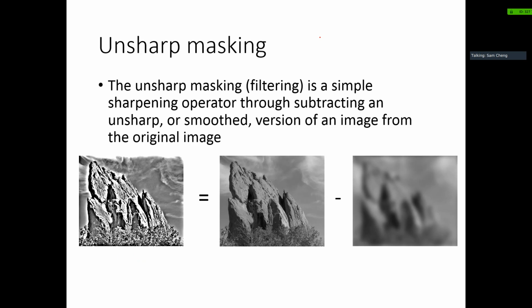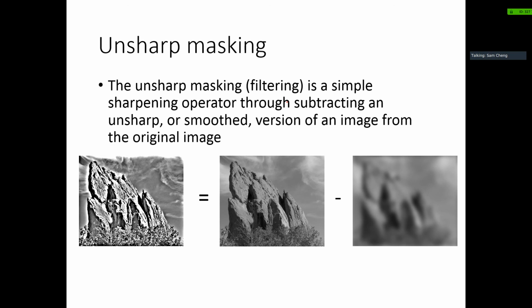We mentioned unsharp masking early on. Remember, we take an image and subtract the smoother version to get a sharper image. As you see, this operation typically has a disadvantage: you get some halo around the edges.